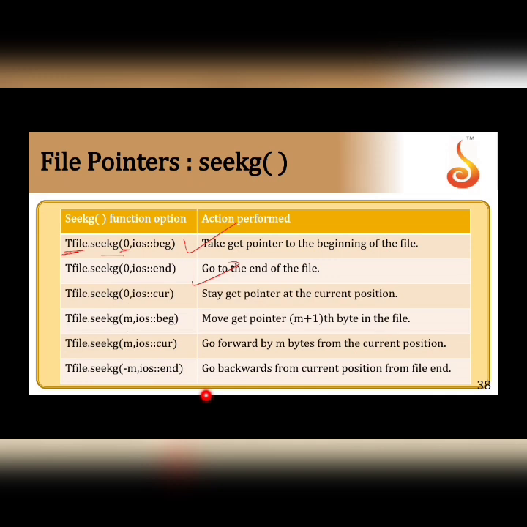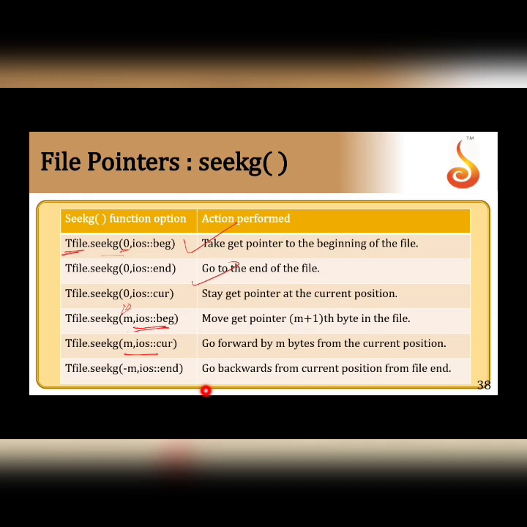Now if I say m, m is a number, right? m would be an integer, that is the offset. Move the get pointer m plus 1 byte in the file. So ios::beg means from the beginning of the file. If I say 20 here, move the get pointer to the 21st byte from the beginning. If I say m, ios::cur, move m bytes from the current position.